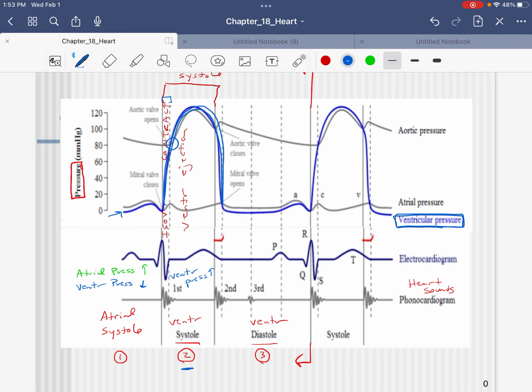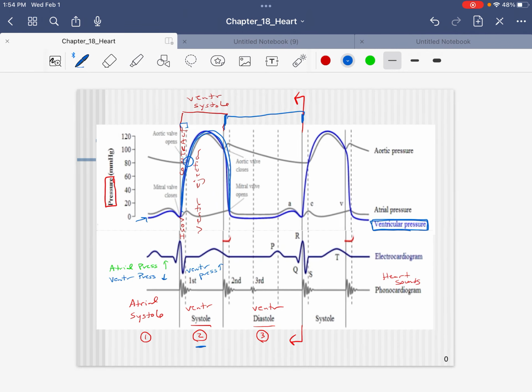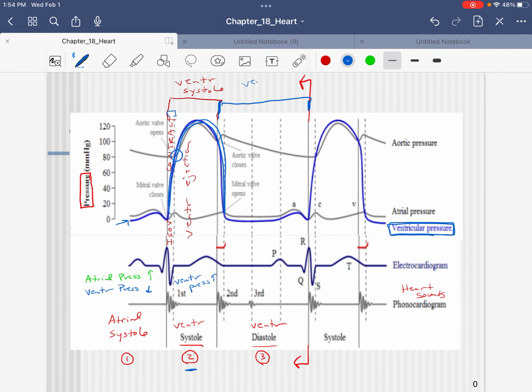And then we get to ventricular diastole. Ventricular diastole starts here, and it's going to end here. Didn't we say the first period of ventricular diastole was isovolumetric relaxation?